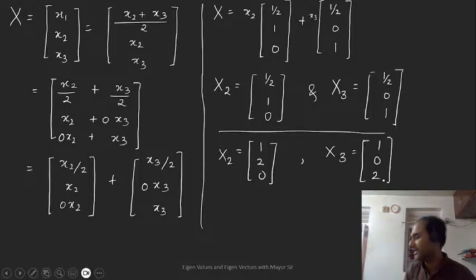This is also correct. These are the two eigenvectors for the given question.